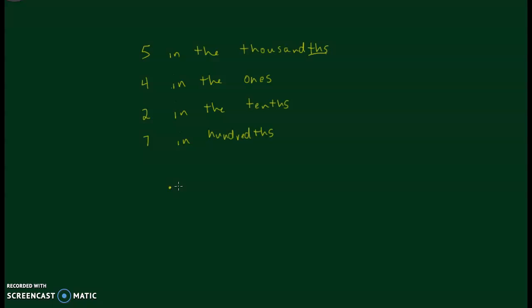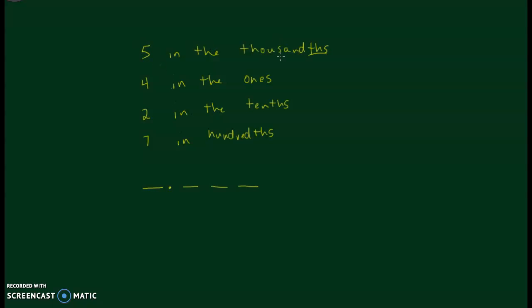So now I'm going to look to see how many I have for whole numbers. And I have thousands, ones, tenths, and hundreds. So I only have one place in the whole numbers for the ones place. Then I go tenths, hundredths, thousandths. Thousandths is 3 digits after the decimal. So I'm going to put my 3 digits after the decimal.